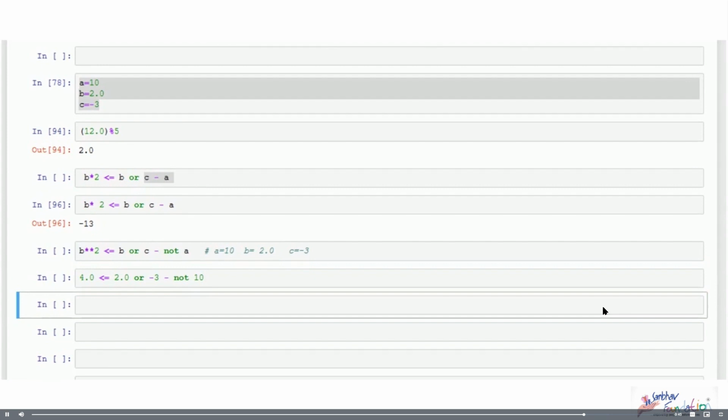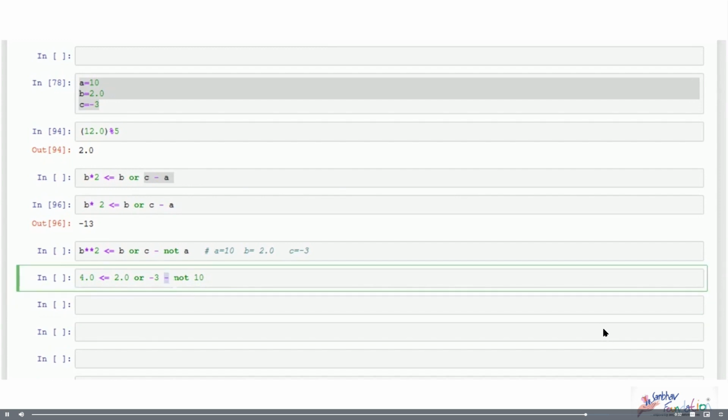So we are held up with an issue. We have comparison operator, logical operator, and arithmetic operator, and once again a logical operator. Among these, the arithmetic operator minus takes the highest precedence. If you look at this part, you have minus 3 minus not 10. Here we don't have an operand directly, so not 10 is evaluated first. 10 is equivalent to true, so not 10 will be false.